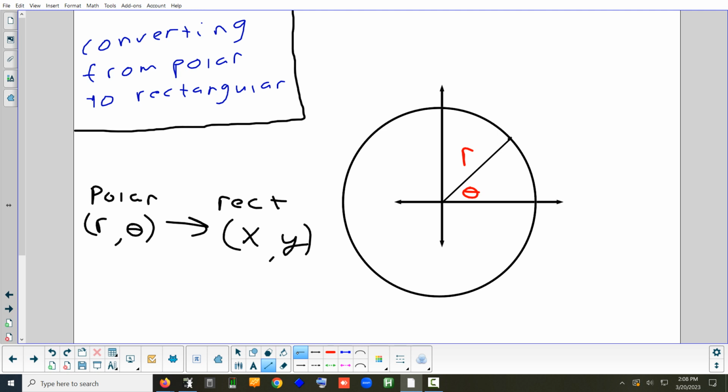Now, X and Y doesn't have anything to do with rotation. It has to do with move horizontally and then move vertically. So what shape do you think we could make here to help visualize this X and Y? Triangle. Yeah, we're going to make a triangle. And the way we're going to do it is just like that. Now the X and the Y are in that triangle. What's the x?